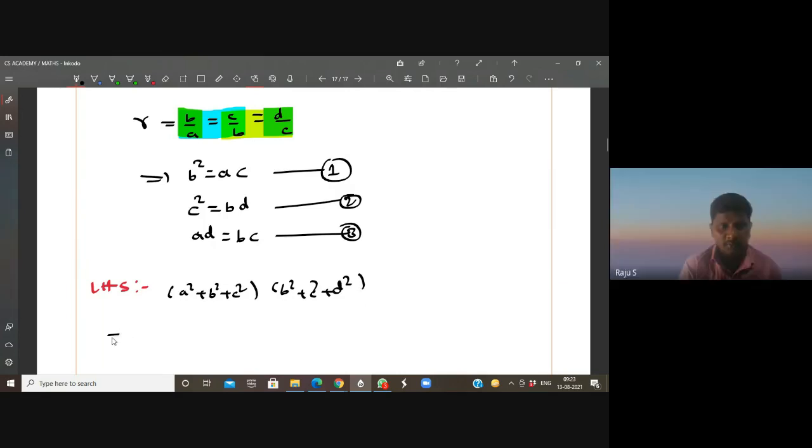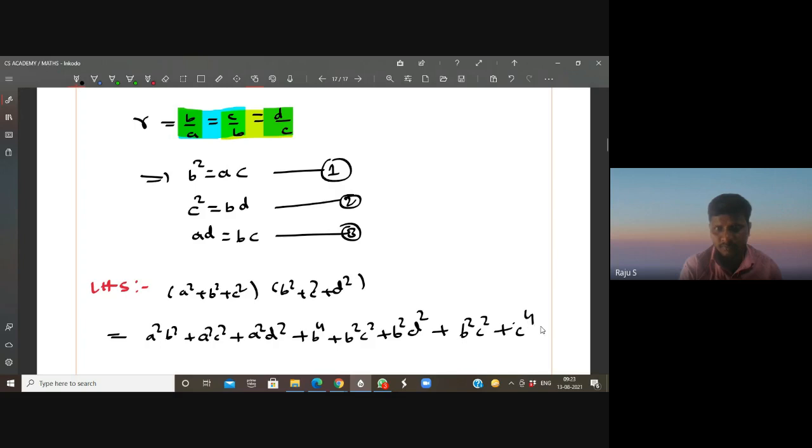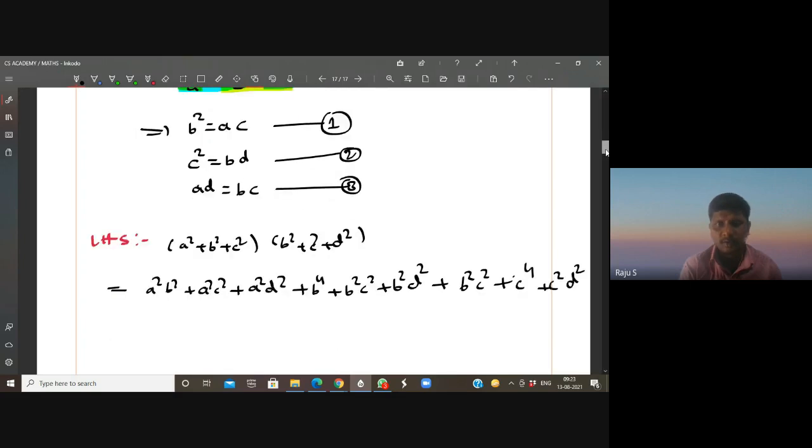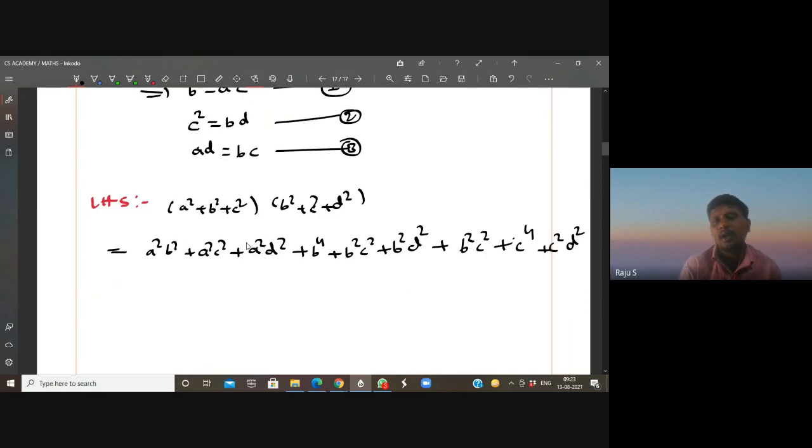Now you can multiply: A square B square plus A square C square plus A square D square, like that, the remaining six. B power 4, plus B square C square plus B square D square plus B square C square plus C power 4 plus C square D square. Am I right, friends?